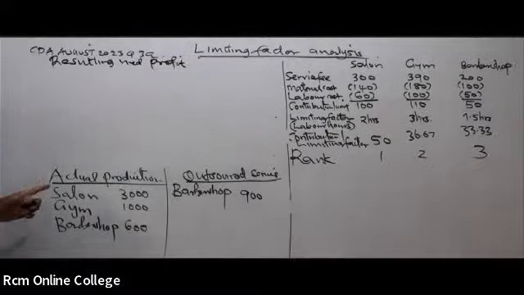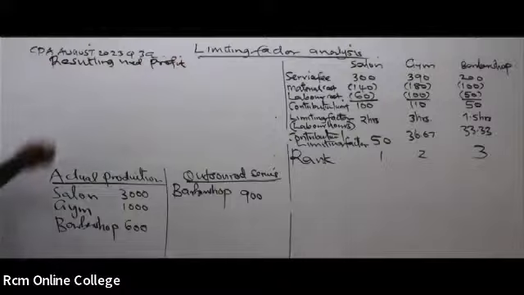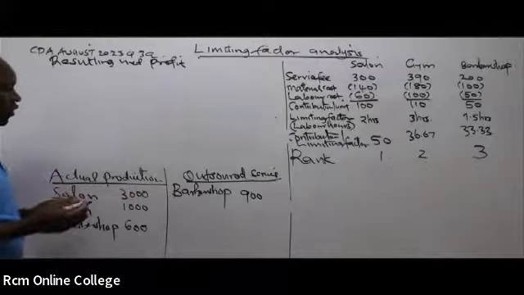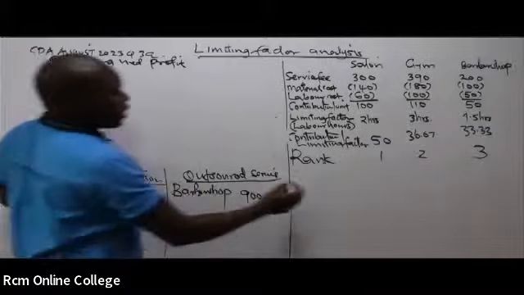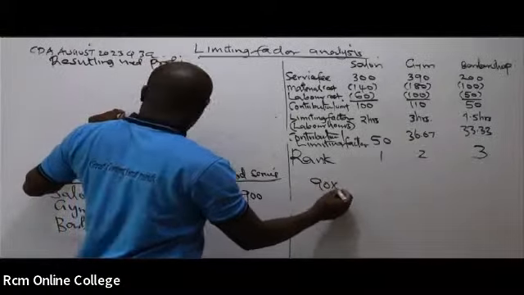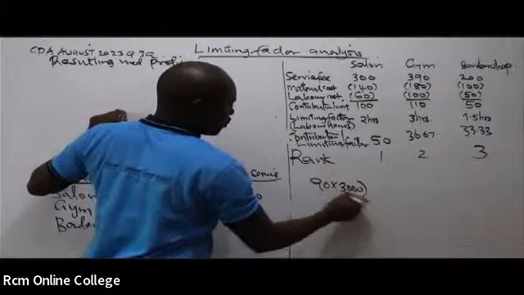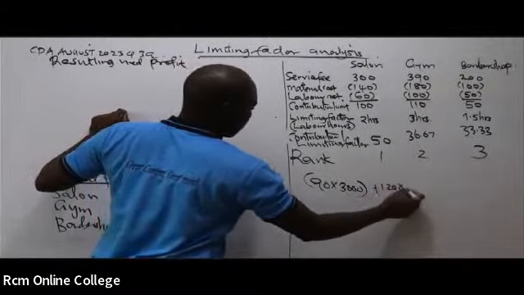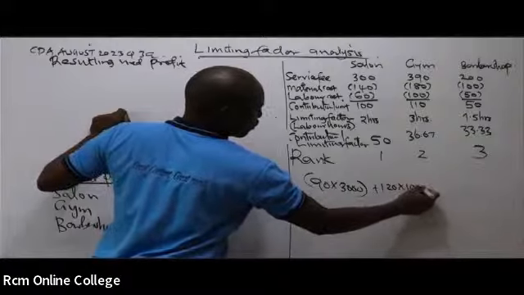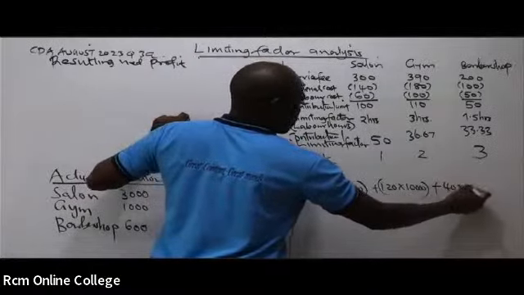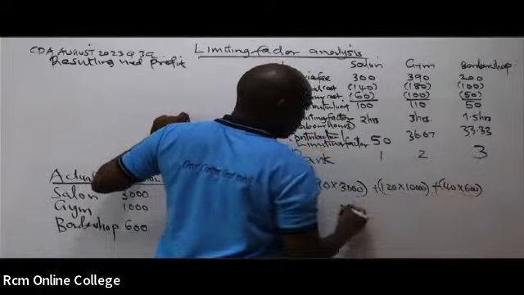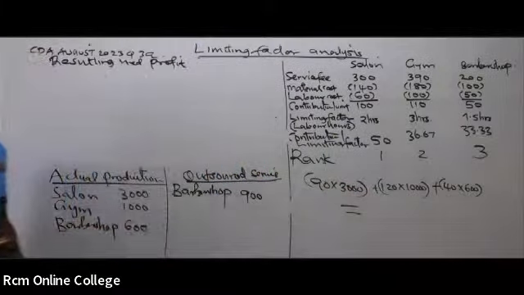So we talked about some fixed cost being given. If fixed cost was not given in the question per unit, cumulatively, you are to take now the 90, 120, and 40. So I will take 90 times 3,000 plus 120 times 1,000 plus 40 times 600. What are you getting when you add all this?